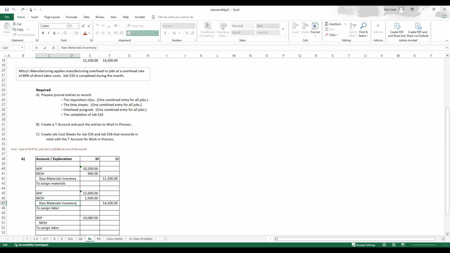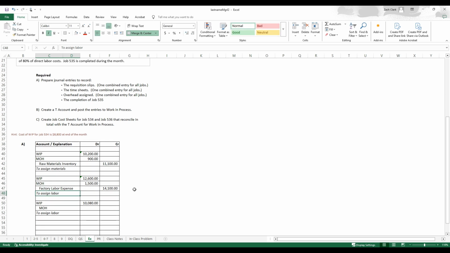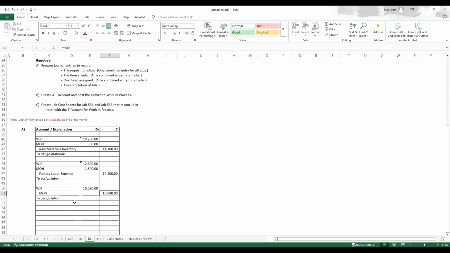And we need to fix this. I accidentally forgot to update this part. It said raw materials inventory, but really that should be factory labor or factory labor expense. That's the materials piece. This is the labor piece. And then here in WIP, we put into WIP the predetermined rate, and we're going to credit our overhead account for that amount.